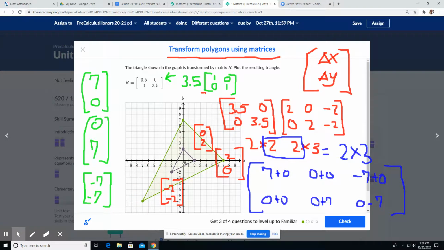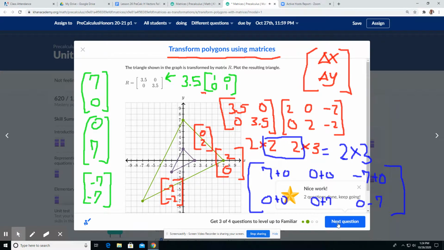And so notice what happened here is we had basically a scalar multiply of this vector triangle. So in comparison to geometry, it looks like we just had a dilation of 3.5 around the origin. That's kind of how they represent it in terms of vectors and scalars.